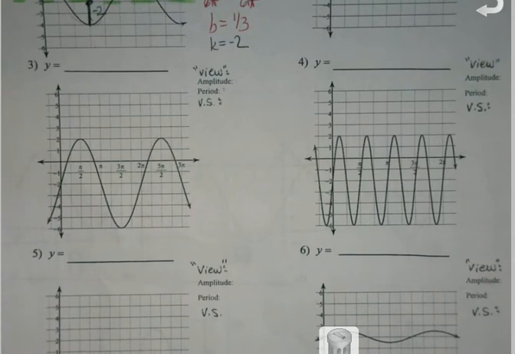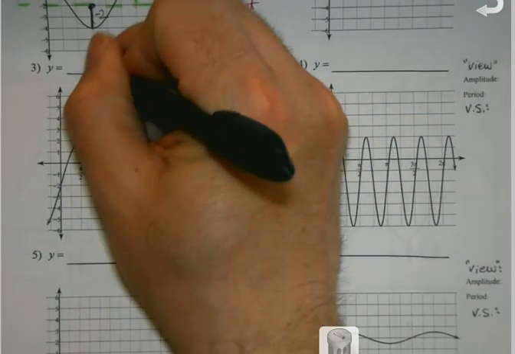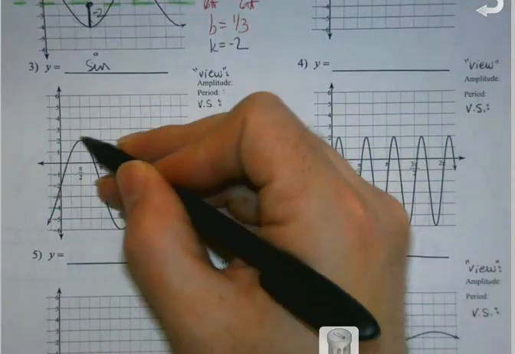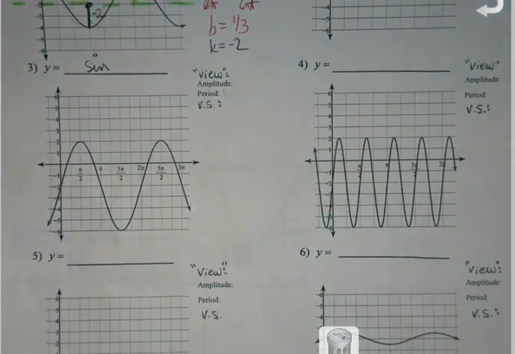All right, let's see what else we can get ourselves into. What type of graph do we look like this time? Right off the bat, it looks like a sine graph, because it looks like we're going into a peak instead of a valley here. So I look and I say, okay, where's my center line at?